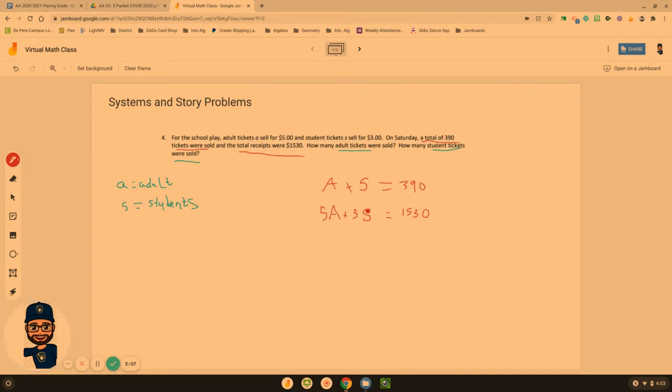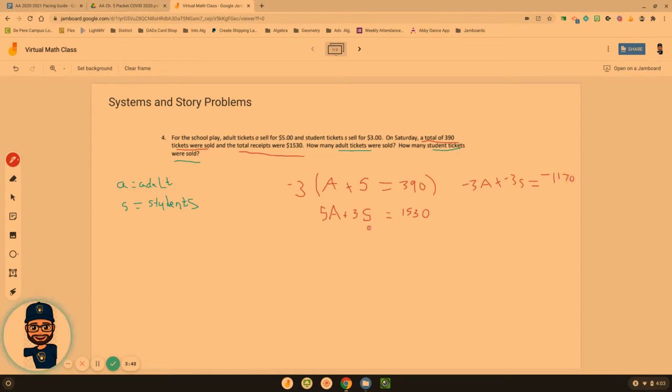I am going to use elimination by multiplying the top equation by, why don't we do -3? That gives me -3A plus -3S equals 390 times -3, which is -1,170.